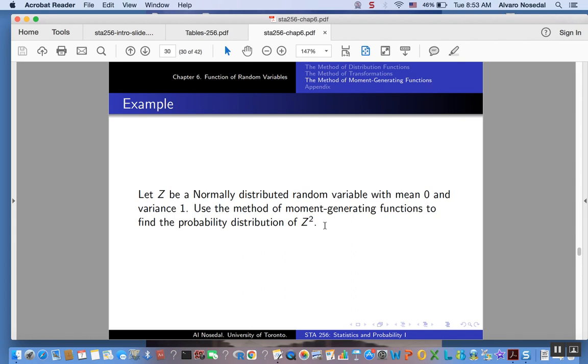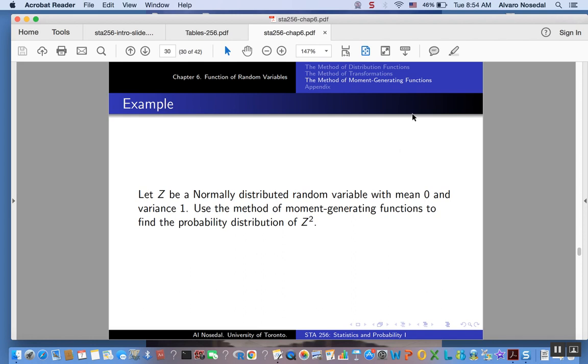The disadvantage is that if after you compute your MGF, that MGF you end up with is not one that you're able to recognize, is not one of the most popular distributions, then you're back to square one.